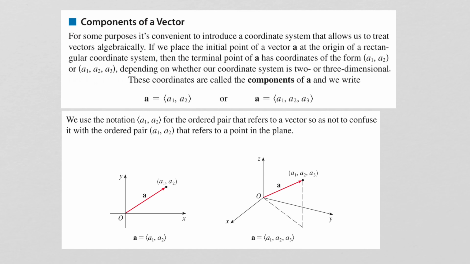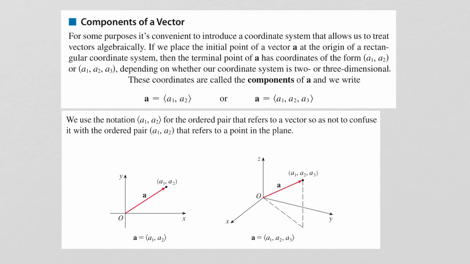So when a vector has a starting point that is the origin, notice that it is the ending point or the terminal point of the vector that determines what the vector is. So the point a1, a2 and the vector that goes from the origin to the point a1, a2 are very similar indeed. But the vector is the whole directed line segment, whereas the point is simply this point right here.